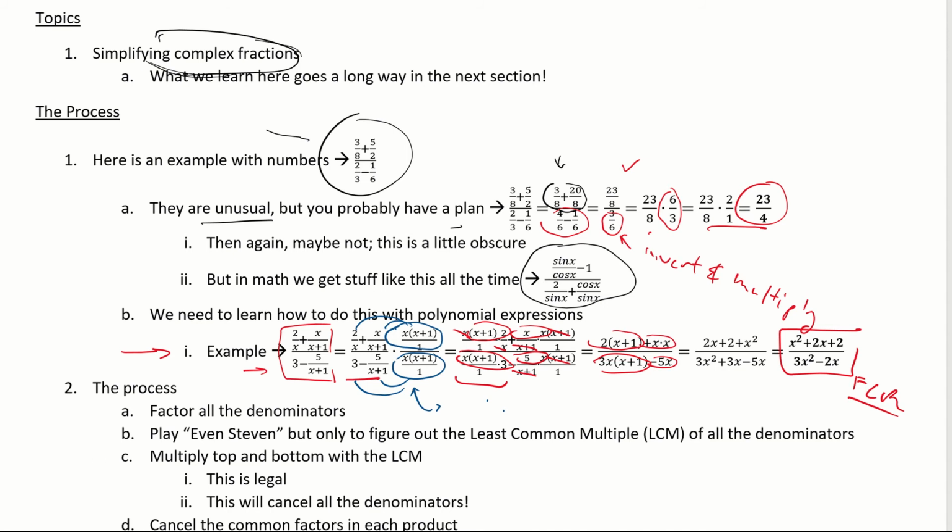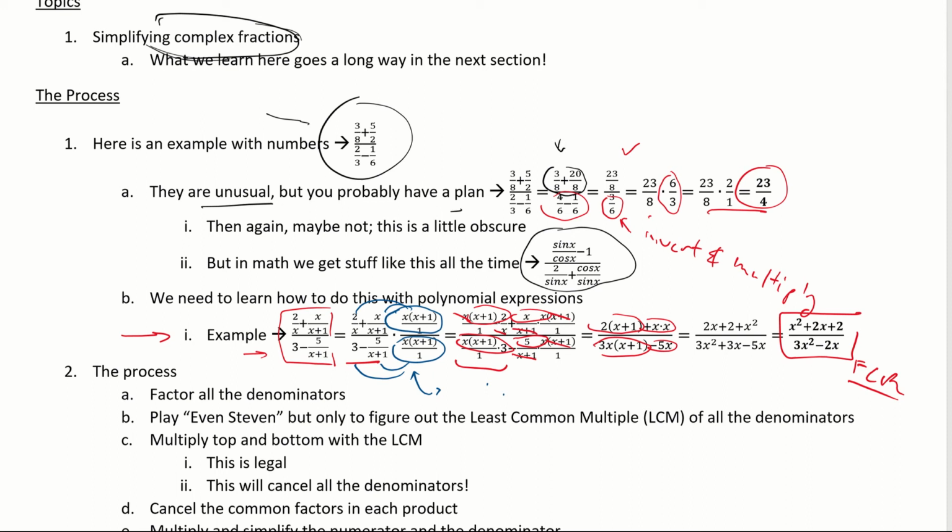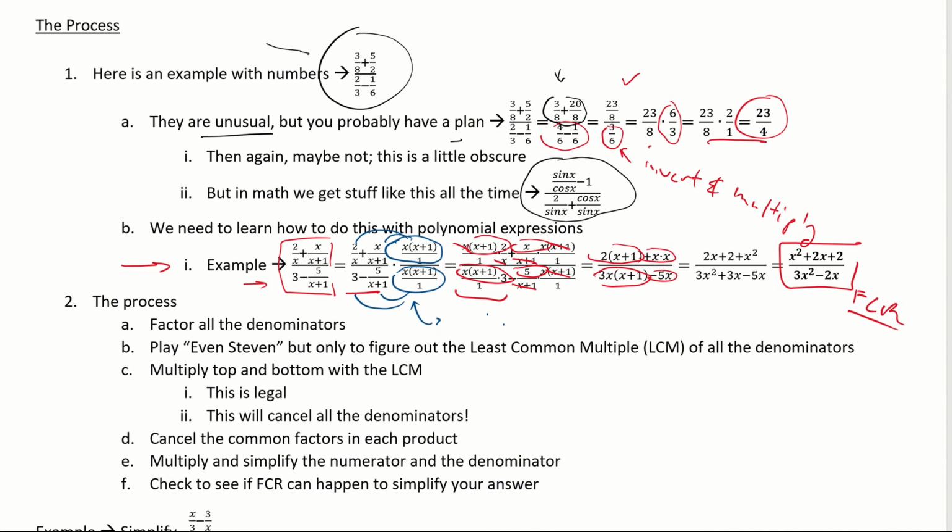So we're going to do another example down below here. But basically, I have some sort of process here. You factor all the denominators. You play even Steven to figure out what we call the least common multiple, or LCM, of all the denominators. Here's the thing. Multiply top and bottom with the LCM. This is legal.